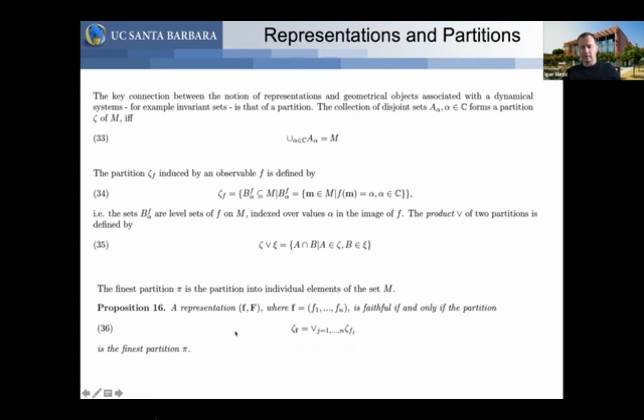So we say the representation is faithful if and only if the partition C_F here is the finest partition pi, meaning partition into individual elements of the set. So that's a nice connectivity between the notion of faithful representations and this geometric notion of partitions themselves.